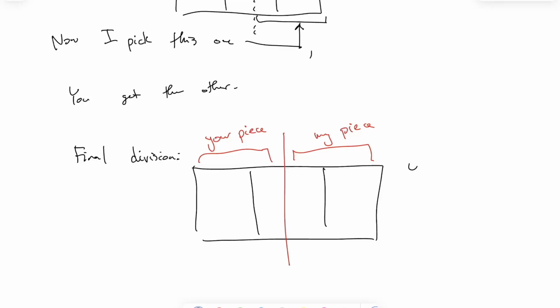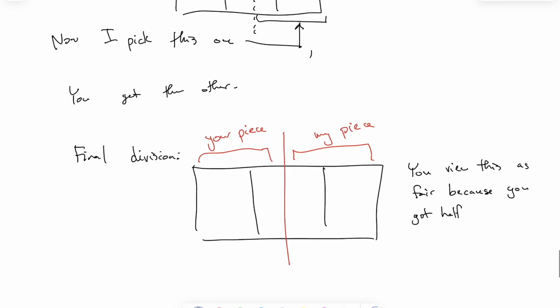So I think you view this as fair because, in your opinion, everything is equally valuable and you got half of it, so that's fair, right? So you view this as fair because you got half, and it's all equally valuable to you, right?